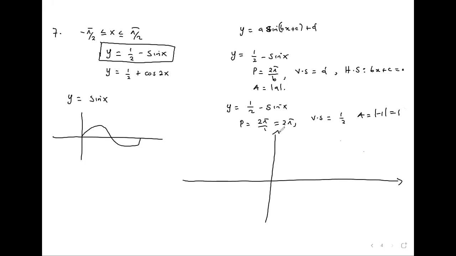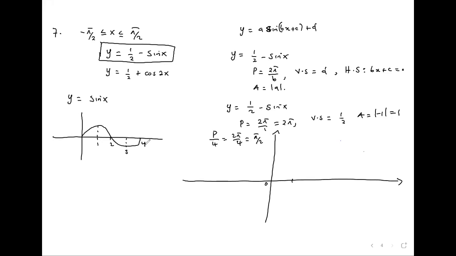So for the first one, I start from 0. Since I'm doing 2 pi, I always break my period by 4. So 2 pi by 4, I will get pi over 2. Because we have 1, 2, 3, 4 critical points in the normal shape of sine.